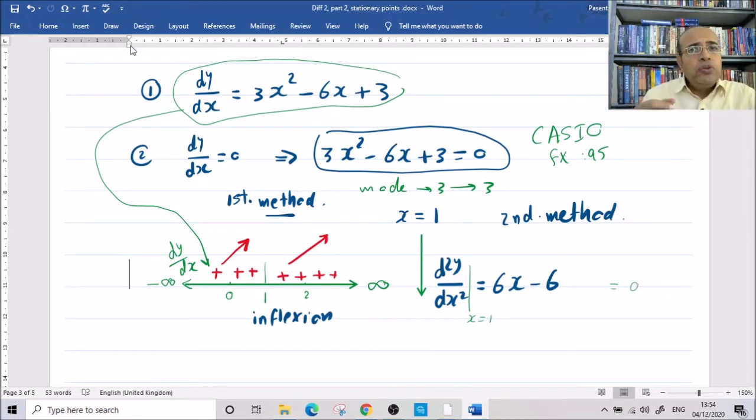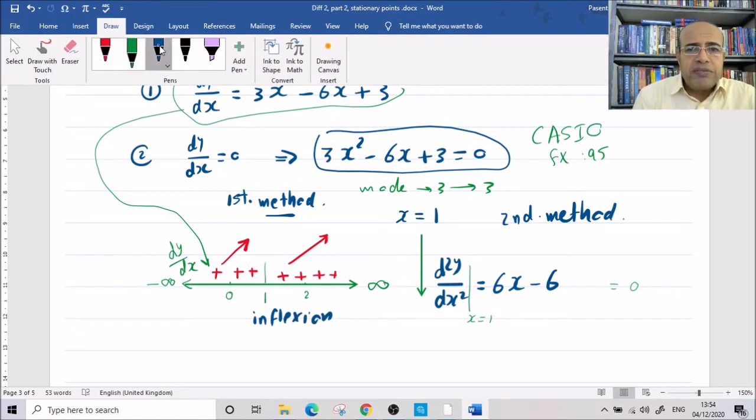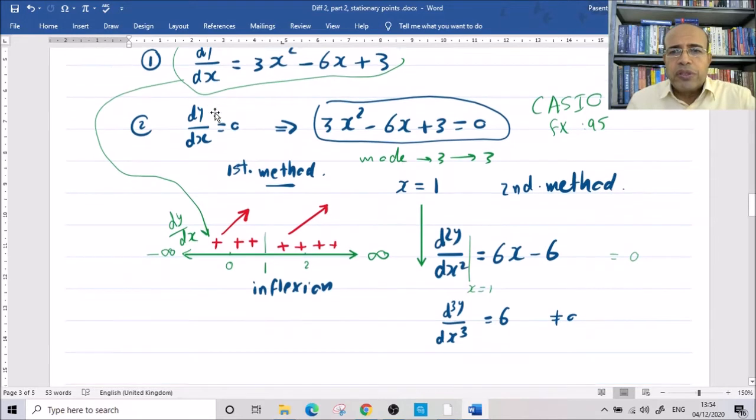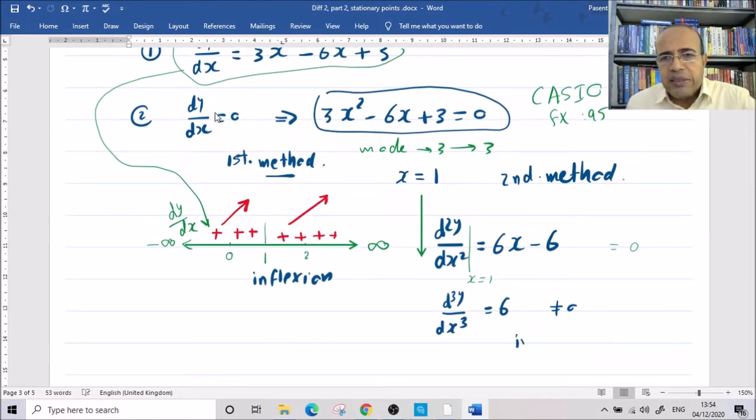So we find the third derivative, d3y by dx3. It is equal to 6, not equal to 0. Then the point is an inflection point. So we write here it is an inflection point.